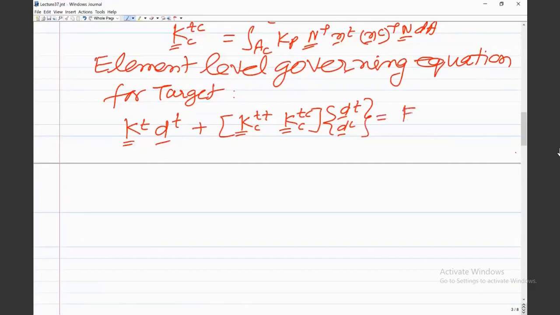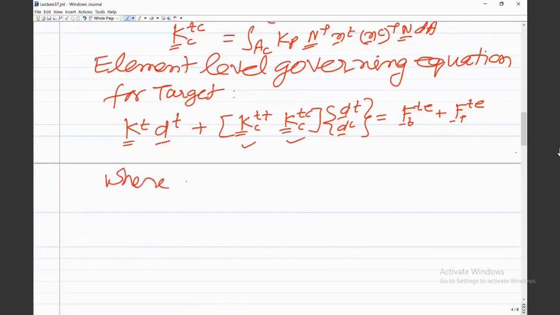So that we are writing as Fb for the target element level governing equation, plus we have the Ft for the target element level governing equation. If you look here, I have already defined these matrices. So this is the element level governing equation for the target element.